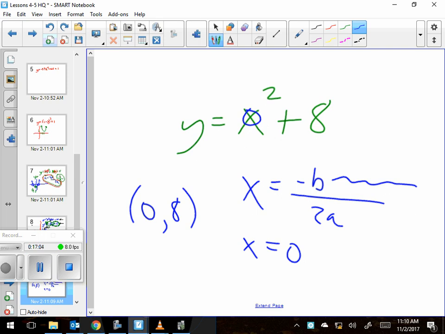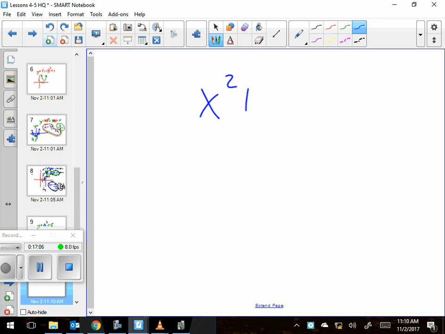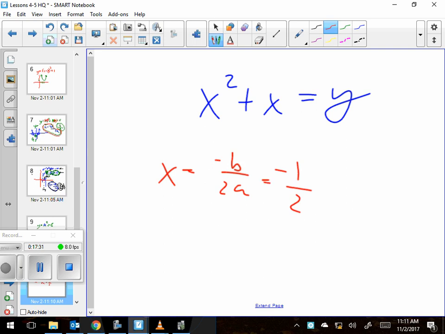Here's another weird-looking one. You believe that's a parabola? Okay, then figure out its vertex. Every parabola has a vertex, right? -1/2.